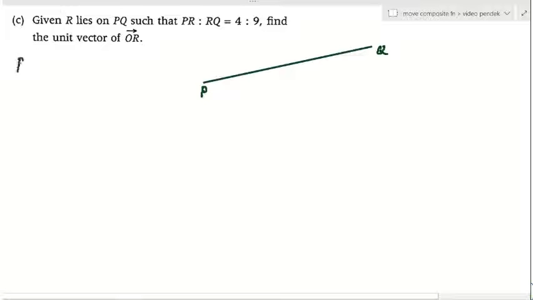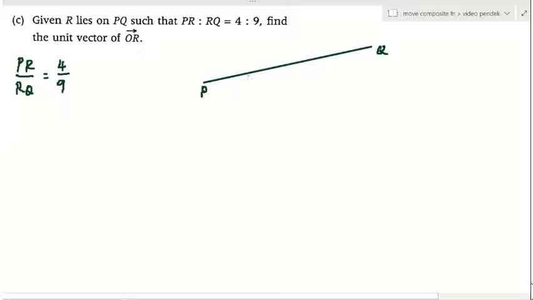We can write the ratio like this: PR over RQ equals 4/9. Ratio is a fraction, a division, so PR is 4 units and RQ is 9 units. It is not the usual length, but only a representation as a ratio.